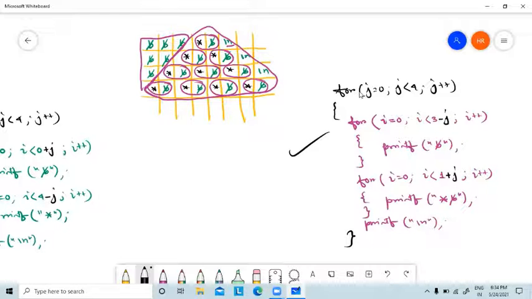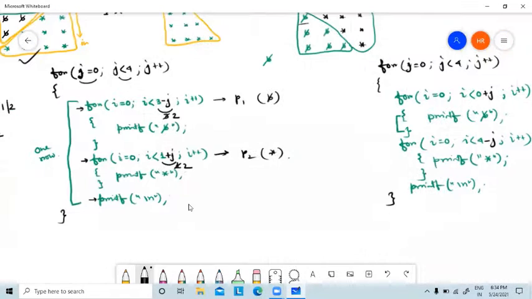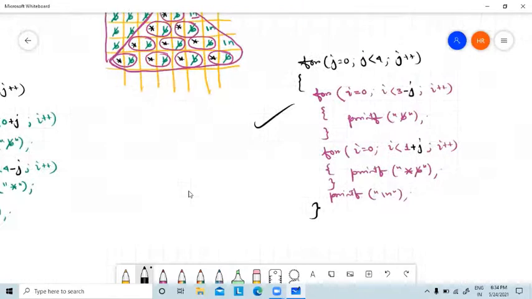This is simple. If you see this code and this code, they are the same. The only difference is that here a single star is printed, but in this case a star along with a blank space is printed.